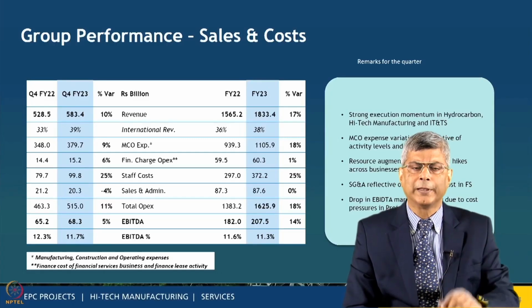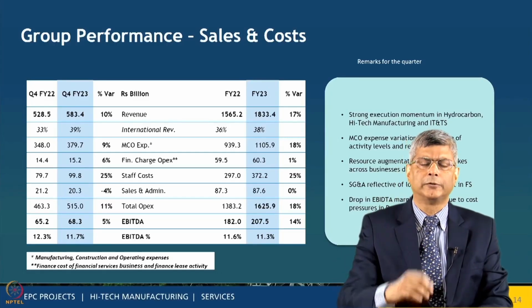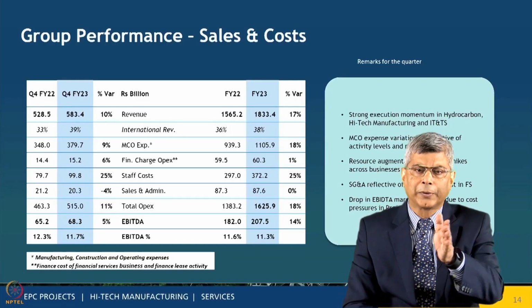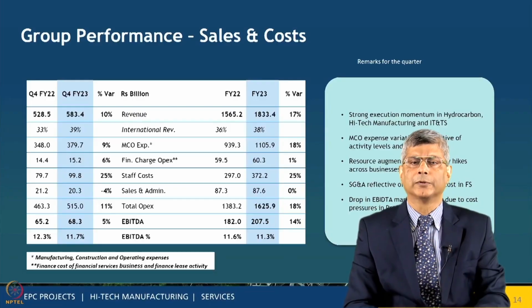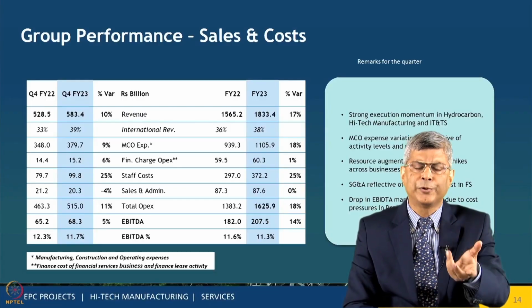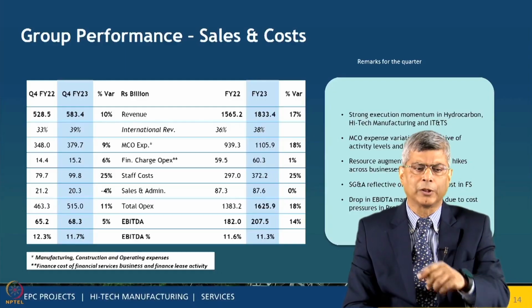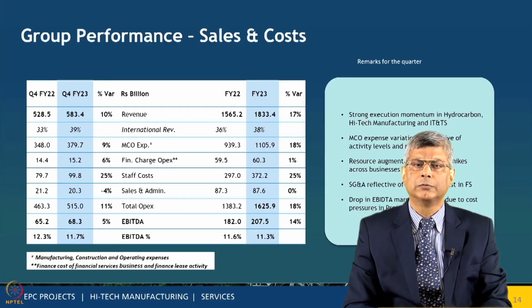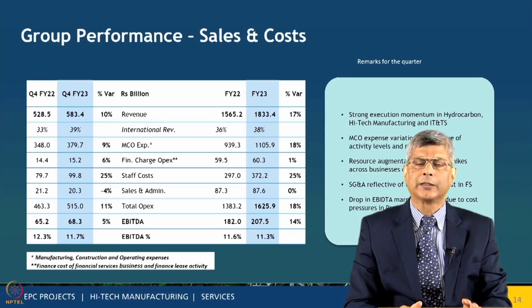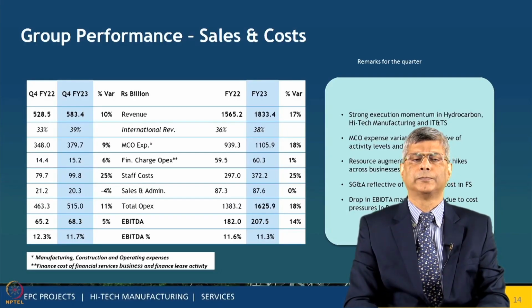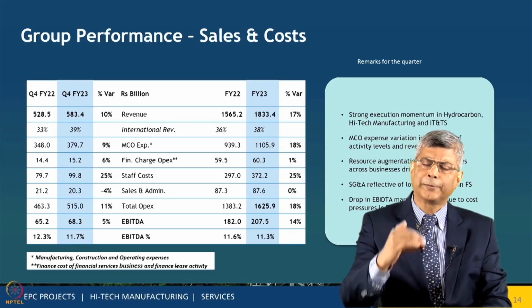But without getting into much detail, now let's look at the costs. You start looking at cost items such as MCO expense. If you look right at the bottom, you'll see MCO is manufacturing, construction, and operating expenses. But it's an expense.